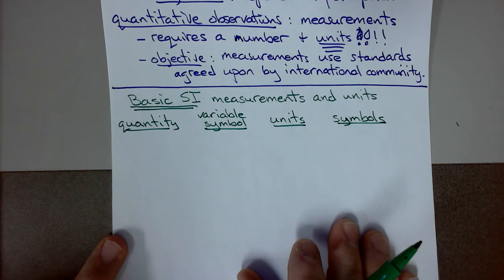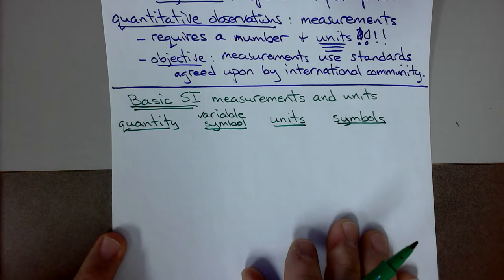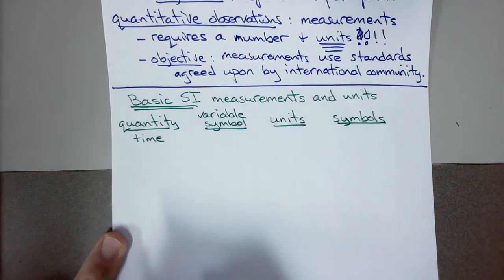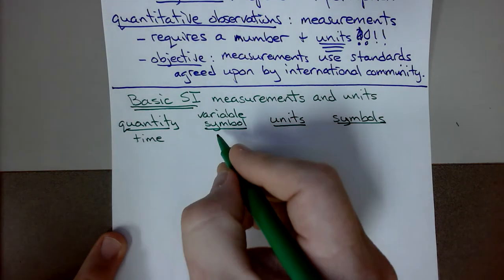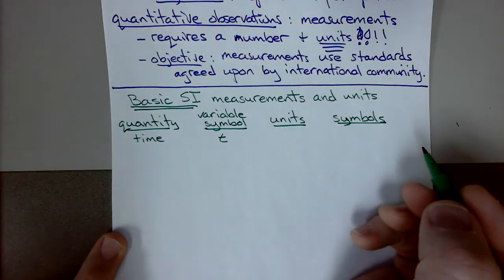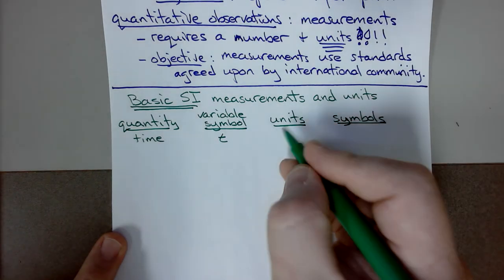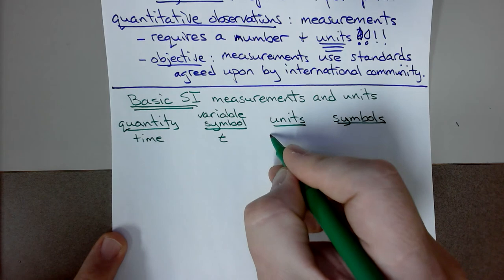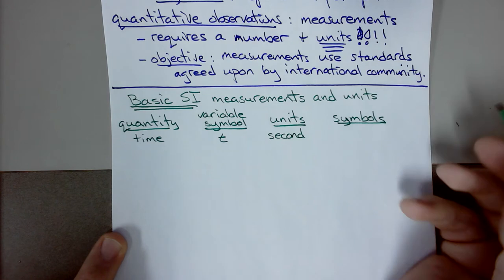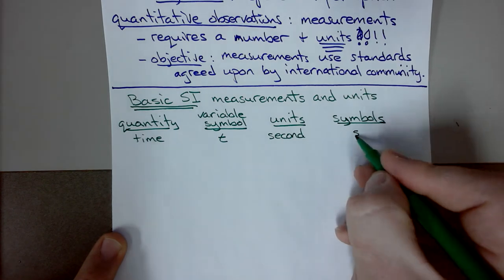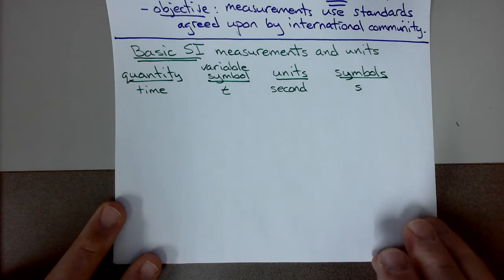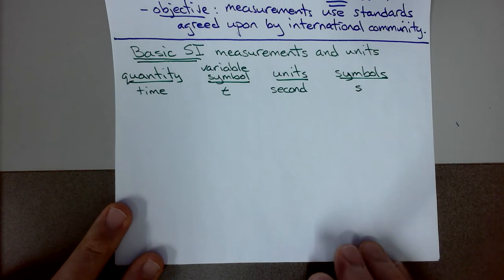Okay, so first we will look at time. Time is a basic quantity that we measure. The symbol, if you were putting it into an equation, would be a small t for the variable. The base unit that we measure is a second, and the second is represented with a small s. So we can actually measure that without doing any kind of calculations.